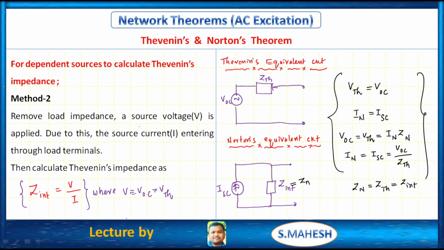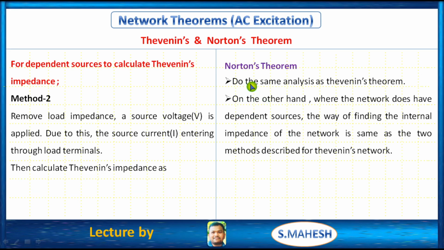Then the analysis with respect to Norton's theorem follows the same procedure as Thevenin's theorem. Where the network has dependent sources, the way of finding the internal impedance of the network is the same as the two methods described for Thevenin's network, right?